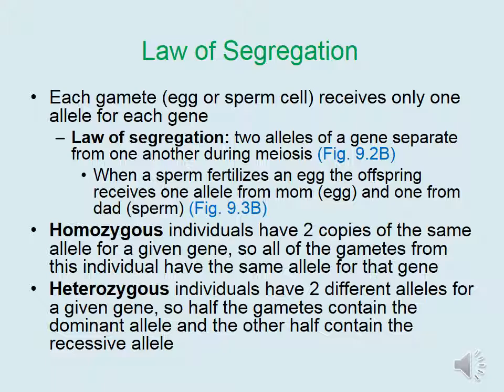This is important because when a sperm fertilizes an egg, the offspring receives 1 allele from mom and 1 from dad. Homozygous individuals have 2 copies of the same allele for a given gene, so all of the gametes from this individual will have the same allele for that gene. However, heterozygous individuals have 2 different alleles for a given gene, so half the gametes contain the dominant allele and the other half contain the recessive allele.